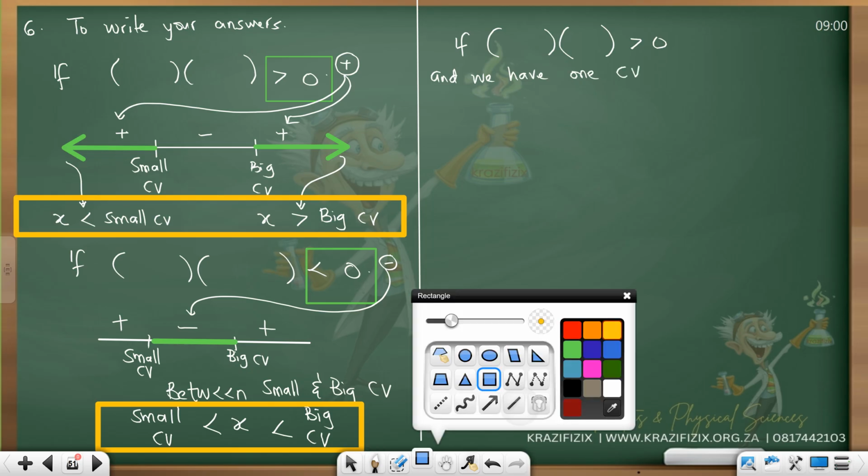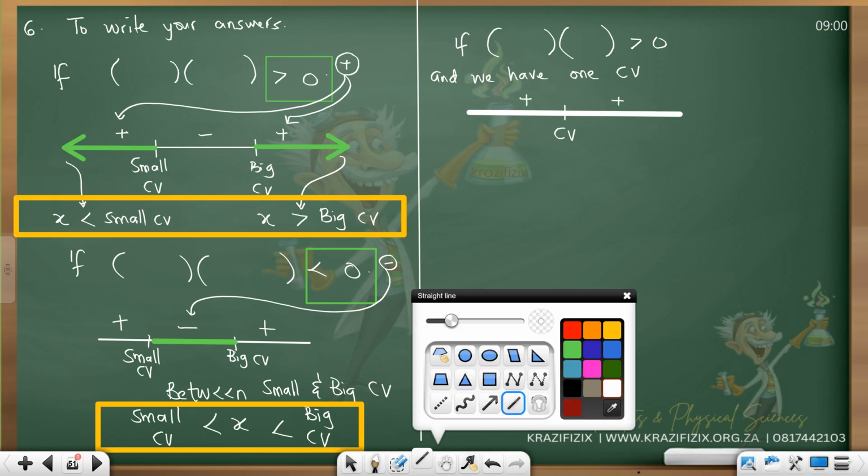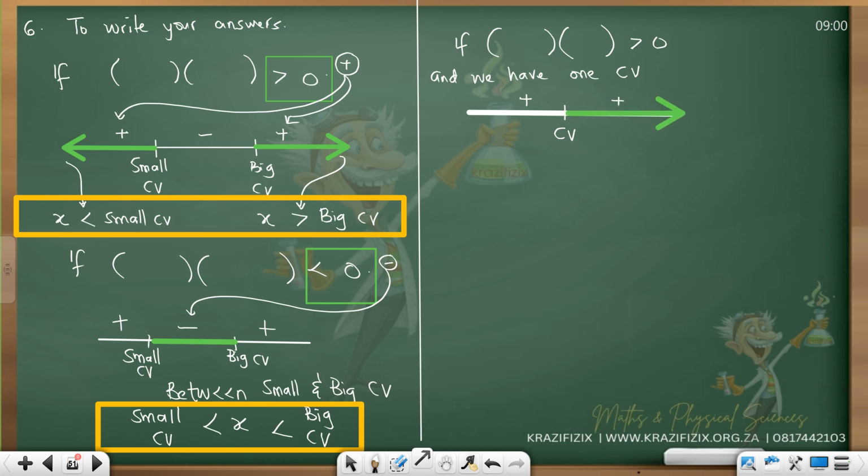Oh, this note is so good. This note is so good. I have one CV. Remember? It simply means that I have that, and there's a small gap. There's a small gap there because it's not equal to.